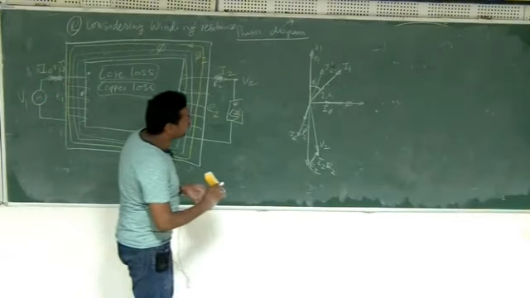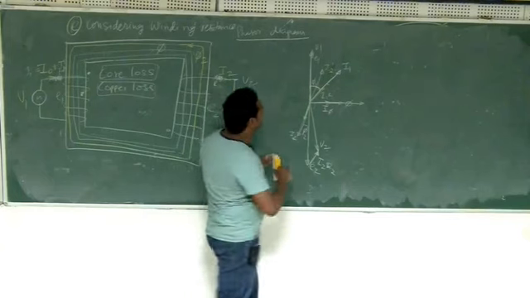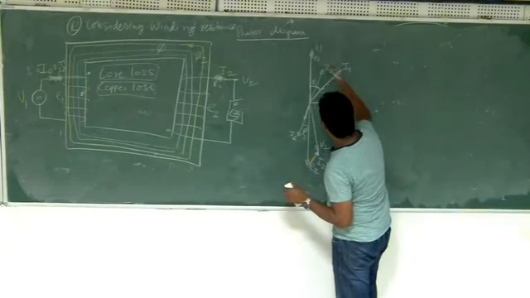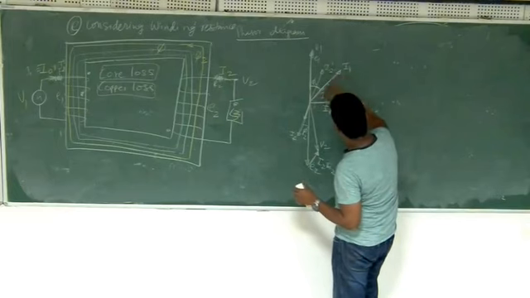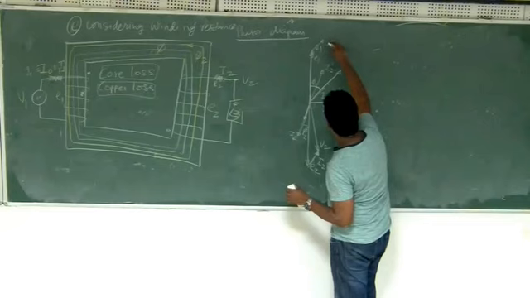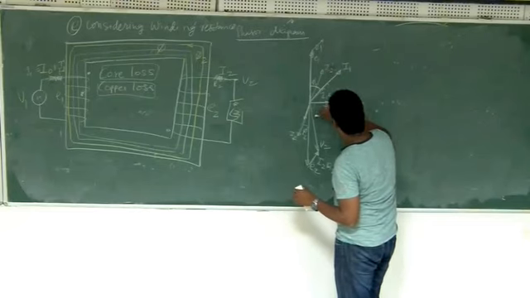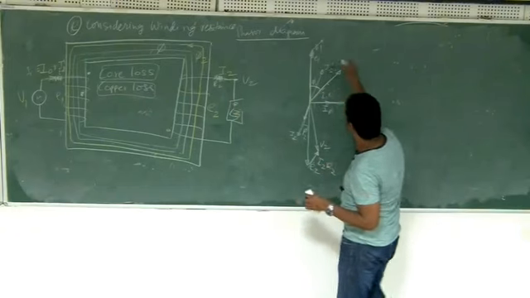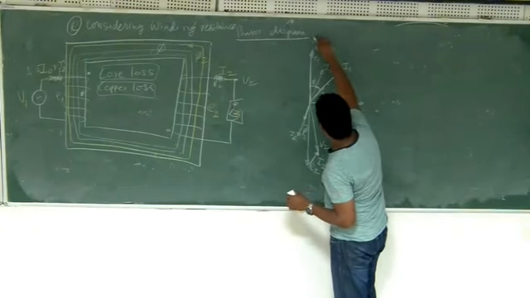Okay. So how to add this to this one? Simply here you can add like this, in the same direction of this one. So I1 R1.